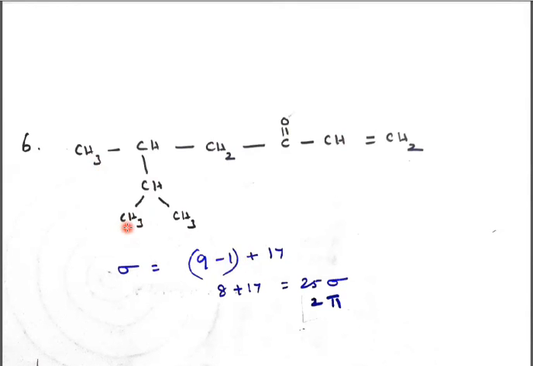So 3, 6 plus 3, 9 and this one 10, 11, 13, 14, 16 and this one oxygen is there, 17. So 9 minus 1, 8 plus 17 equal to 25 sigma bonds, and here this is 1 pi bond and this is 1 pi bond, 2 pi bonds.